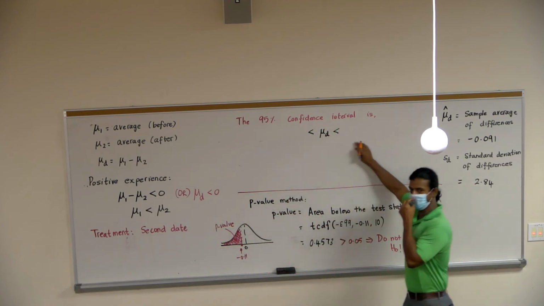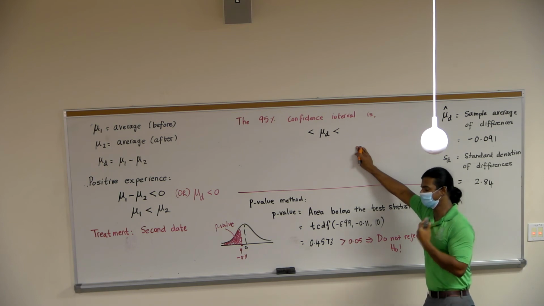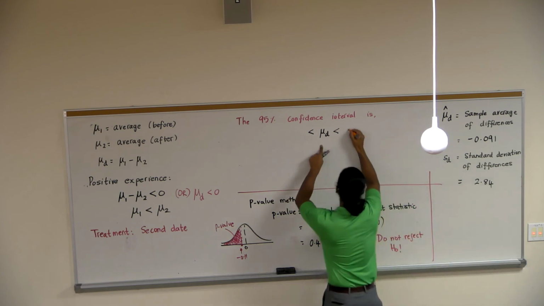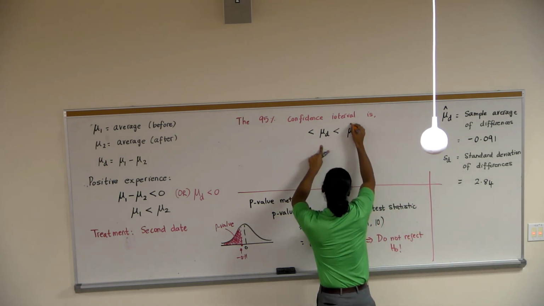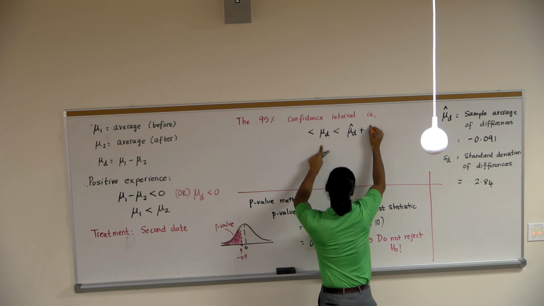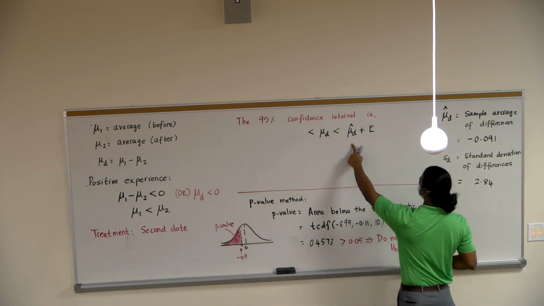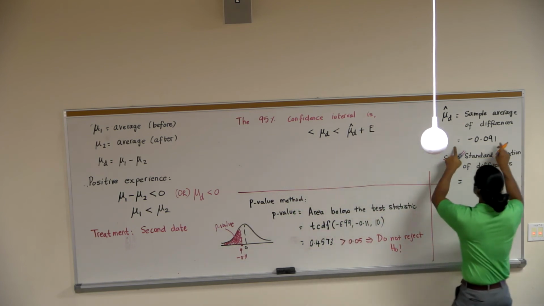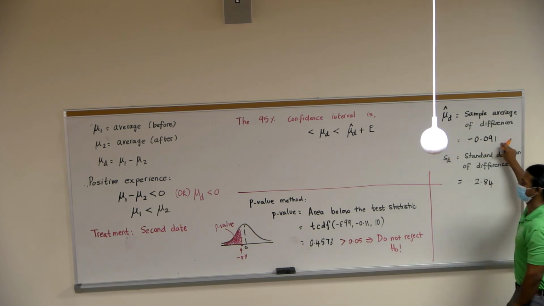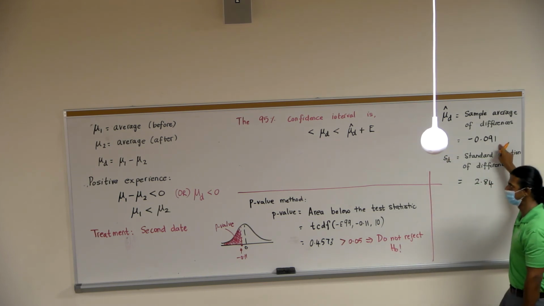So mu sub d is the average difference, and the sample average of differences, which we found here, which is negative 0.091.